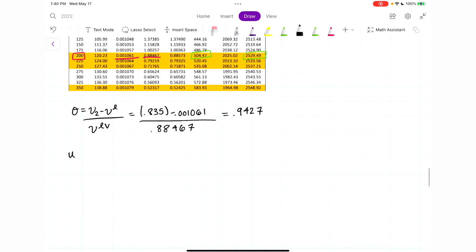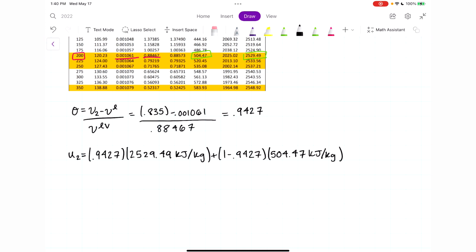So U2 is 0.9427 times 2529.49 kilojoules per kilogram, plus 1 minus 0.9427 times 504.47 kilojoules per kilogram.